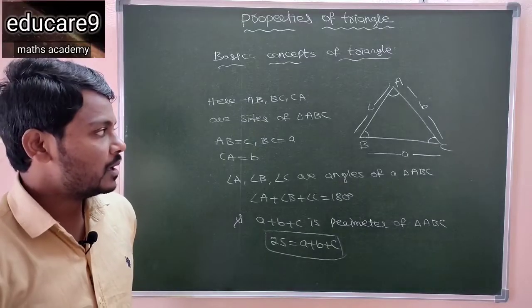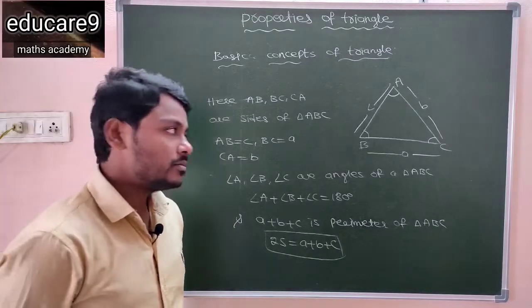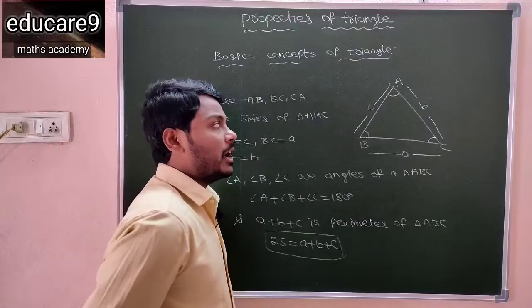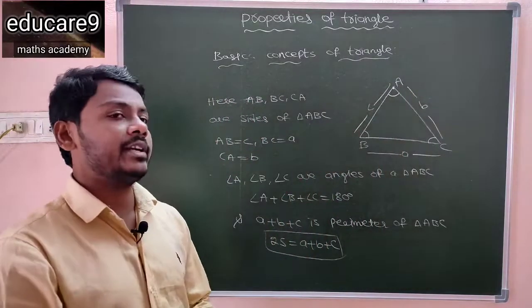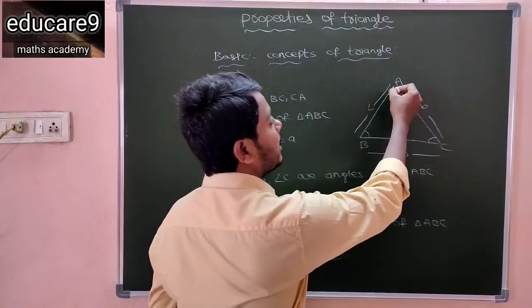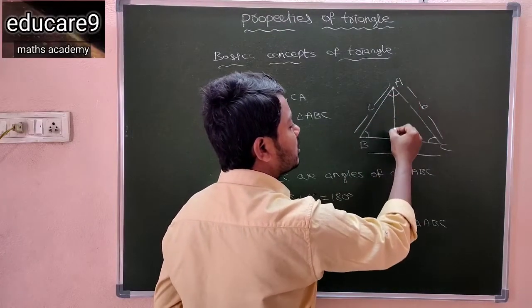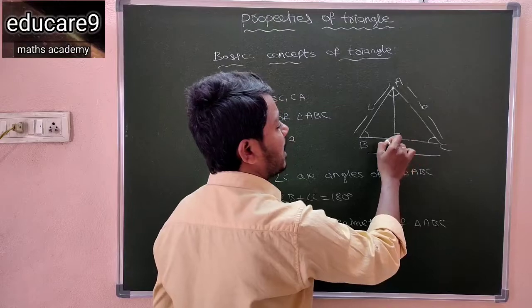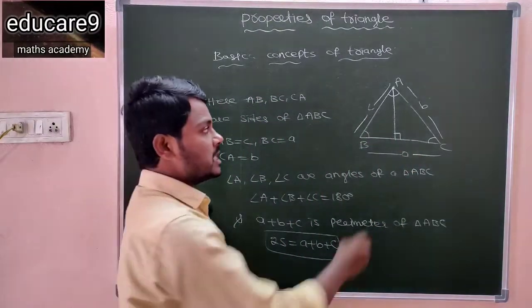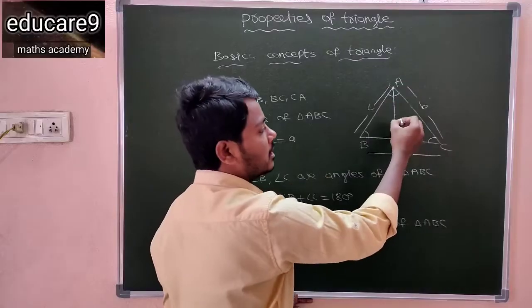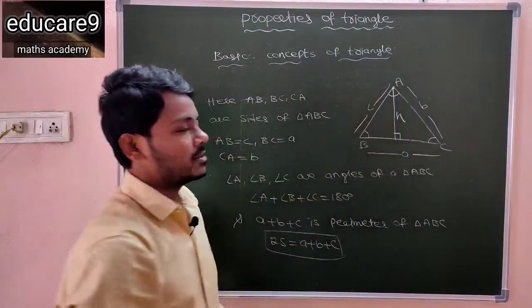And see here, draw a perpendicular line from any vertex of the triangle to the opposite side. So this line is perpendicular to the opposite side. Now clearly this is the height of the triangle. It is denoted by h.